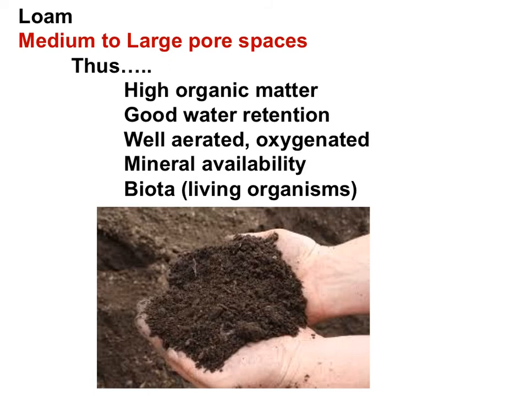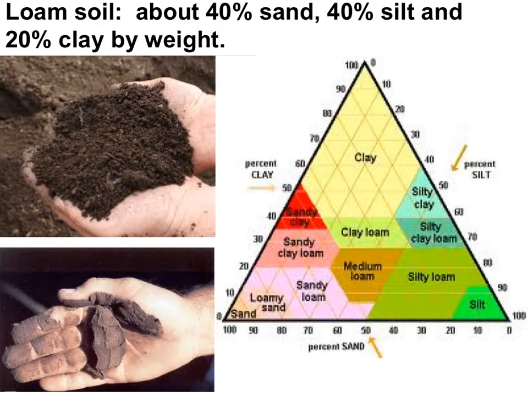Loam soils generally contain more nutrients, moisture, and humus than sandy soils. The loam has better drainage and infiltration of water and air than silty soils, and they're easier to till and plow than clay soils. A soil texture triangle seen here on the right illustrates the differences in the composition of soils. Now, loam soils, which you can see through here, are about 40% sand, about 40% silt, and about 20% clay by weight.